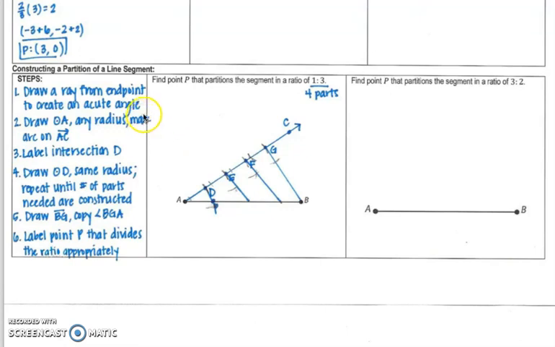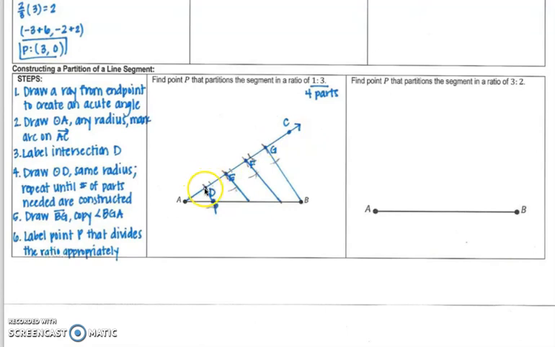The first thing that we're going to do is draw a ray from the endpoint of our segment, and because we're going from A to B, it needs to be from point A. And you want to create an acute angle. Really, you can create any angle that you want, but it does make it a little bit easier and more accurate if you do a smaller angle. Okay, then I drew circle A with any radius, and I marked an arc on ray AC.